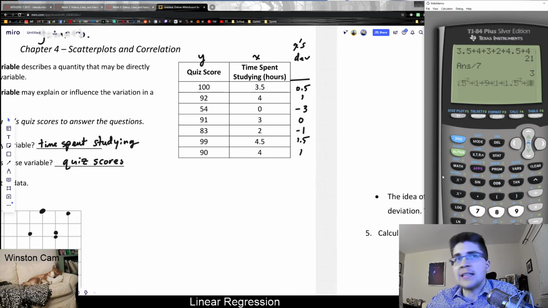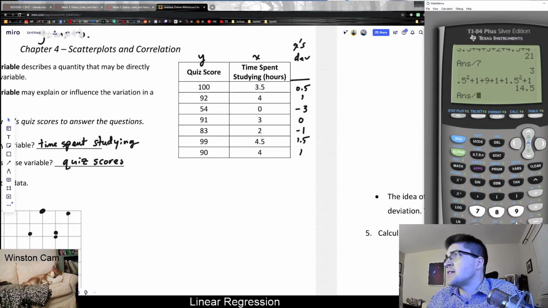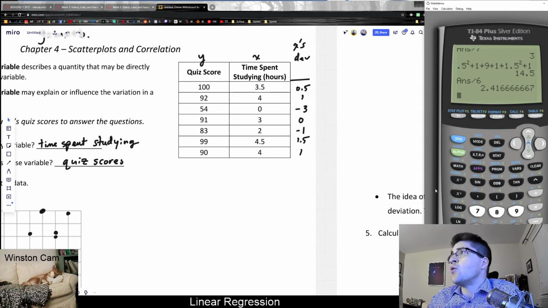So basically, for the standard deviation, we need to add up all of the squares of the deviations, which is the first step, and then we divide that by n-1. In this case, that would be 6 instead of 7, 1 less than the data points. And remember, this is what's called the variance, S squared. S squared is equal to 2.416 repeating.